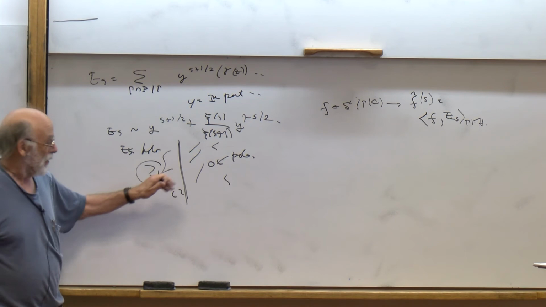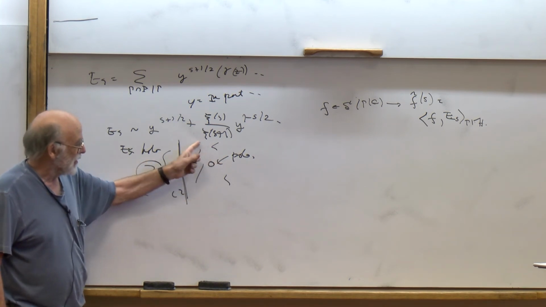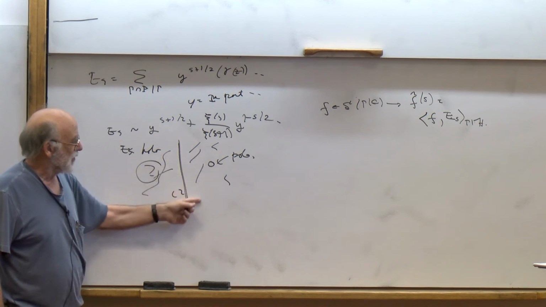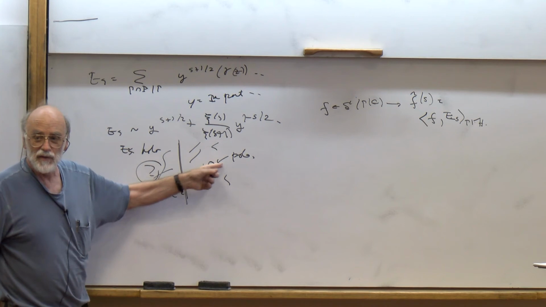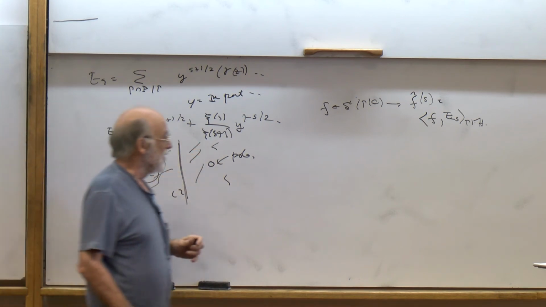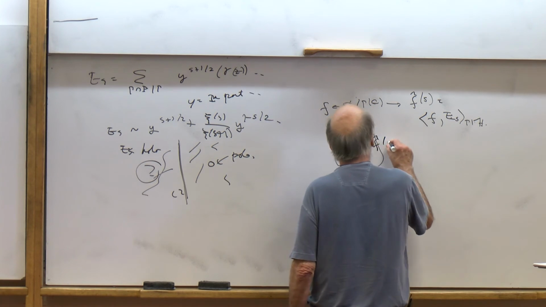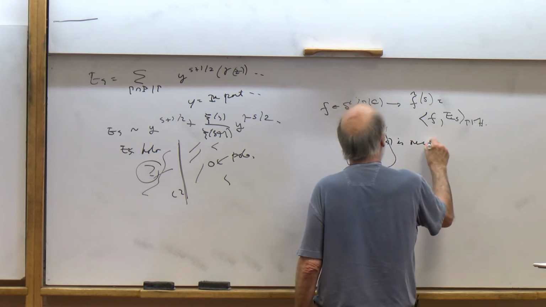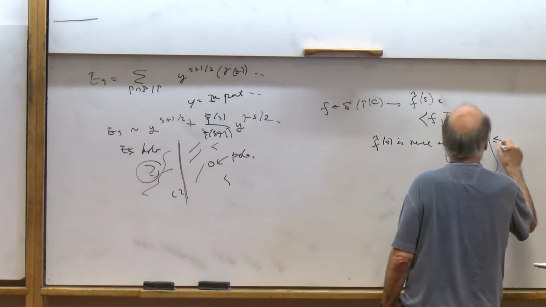But over here it's very nice. With a little bit of work you have some idea of what the growth of this region is. This is L2 on here. There's a single pole here, and you know what the residue is. It's a constant. So that's nice. So this is a nice function, so f hat of s is nice in the region where the real part of s is less than or equal to 2.